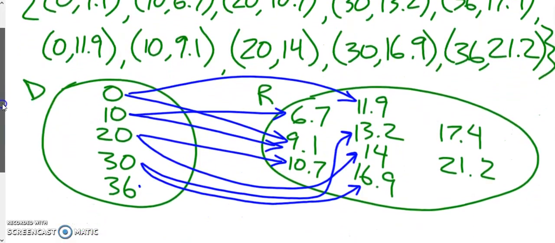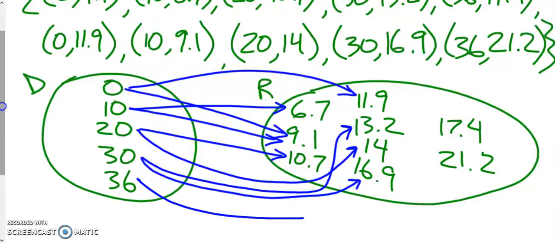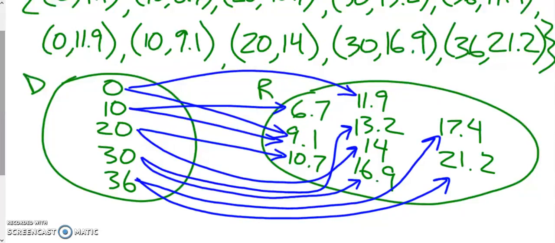And then 36 goes to the other ones, right? So basically at this point you have a bunch of what looks like spaghetti. But at least you've got a visual representation of this mapping.